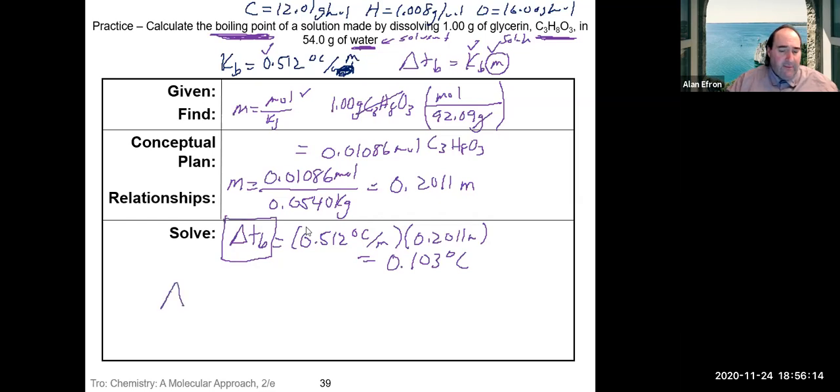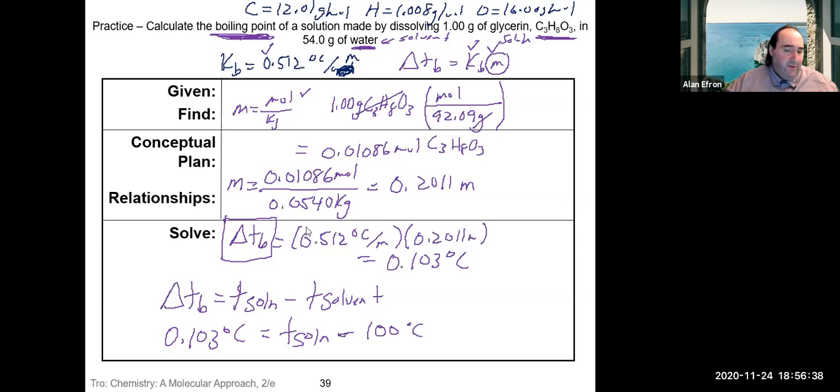So again, that's where this relationship is important. This is our boiling point elevation, which means it should be the temperature of our solution minus the temperature of our solvent. So we have 0.103 degrees Celsius equals the temperature of our solution minus the normal boiling point of water, which is 100 degrees Celsius.